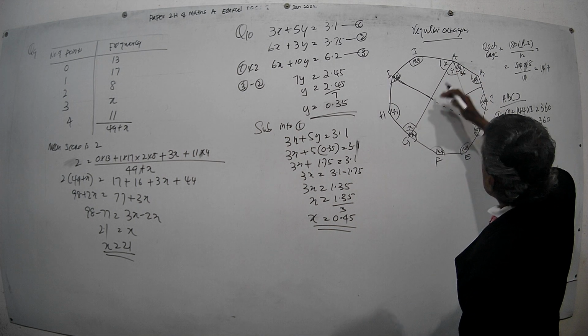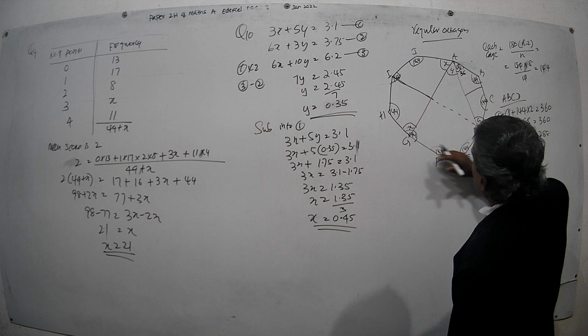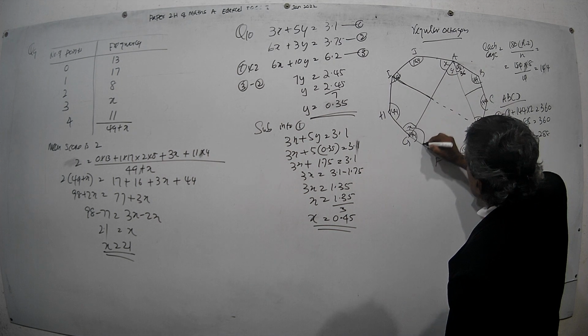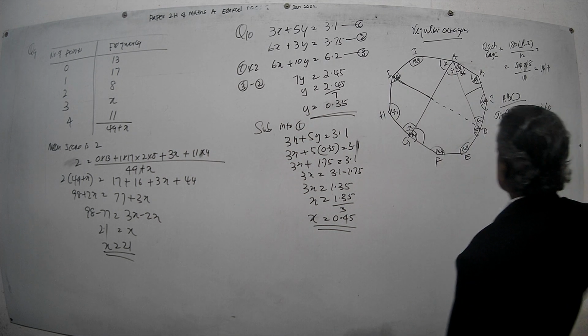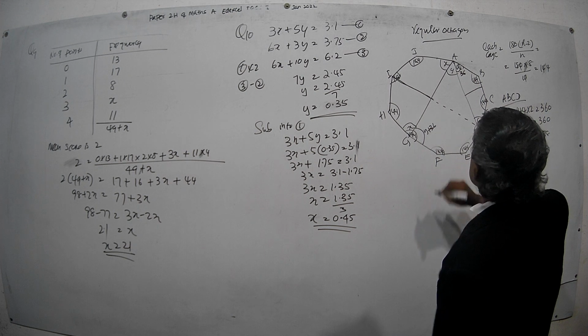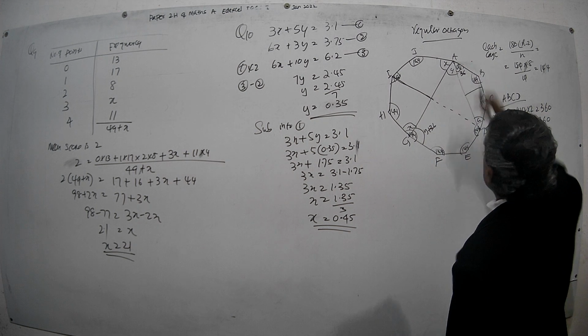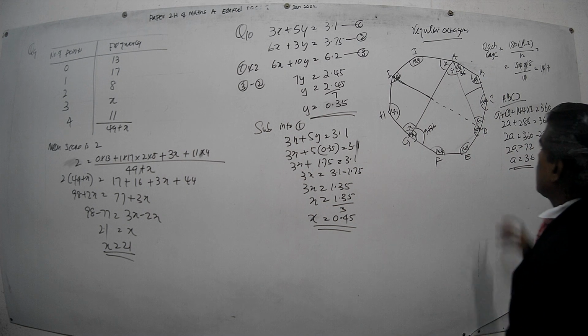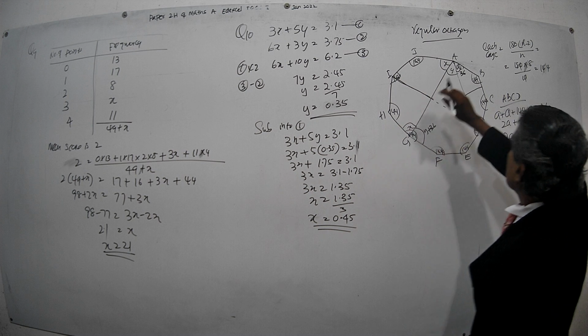Therefore, if you fold this whole part along this line, this angle will lie on this one. Then that part also will be y plus 36. Now we can write two equations, one for this part and another for this part.